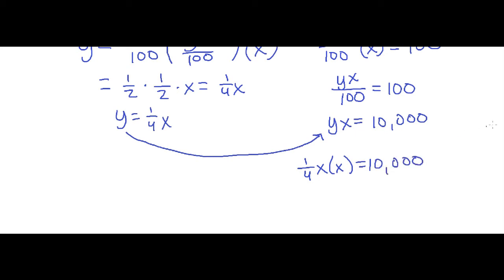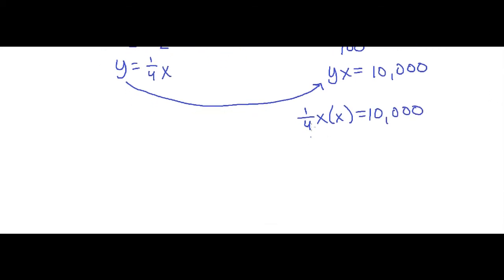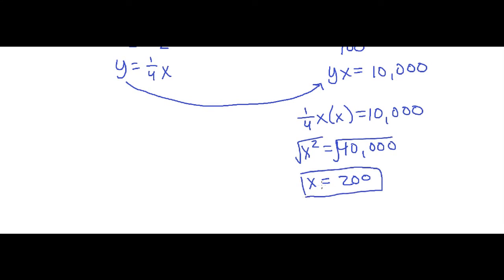I'm going to multiply both sides by 4 to get rid of this fraction, this 1/4. So I'm going to get x squared, I just multiplied these x's, equals 40,000, and I'm going to take the square root of both sides, and I'm going to get x equals 200, and that is going to be our final answer.